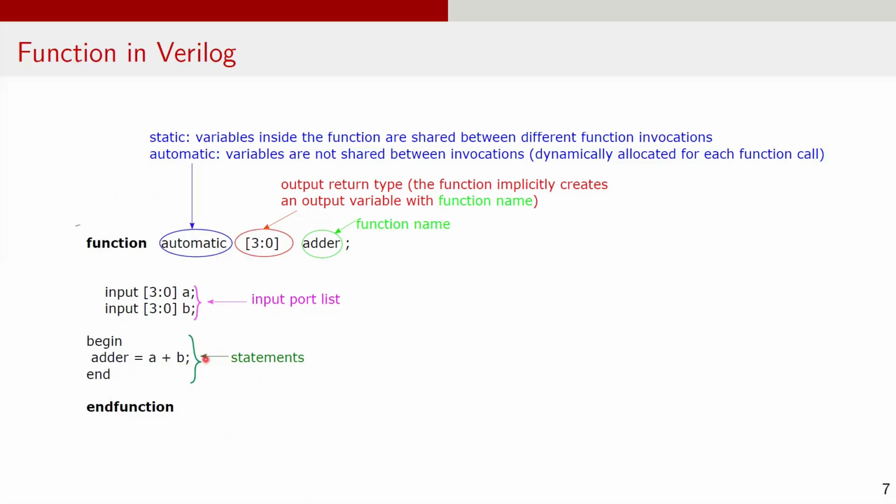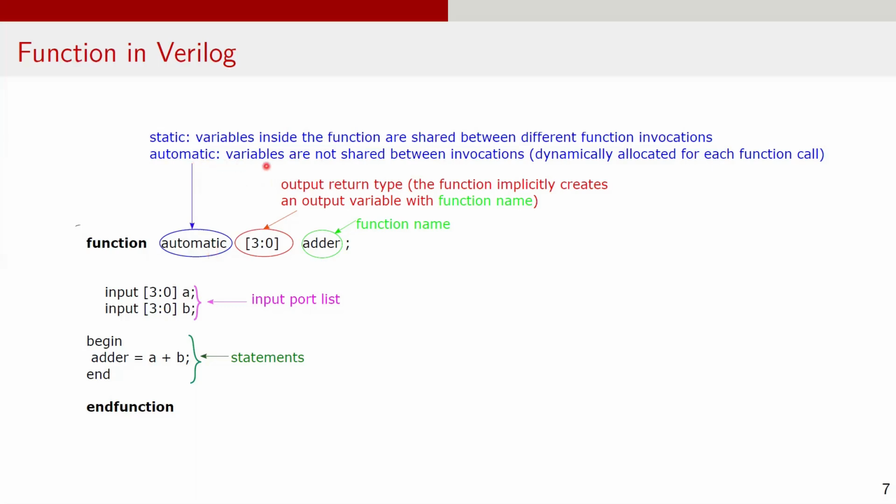Here is the syntax. A function begins with the keyword function and ends with the keyword endfunction. Input ports are declared after the keyword function, and then there are statements. In a function, we can add the keyword automatic or static.